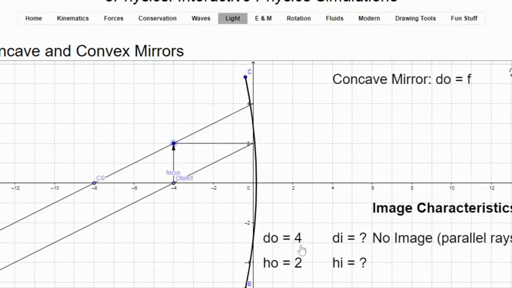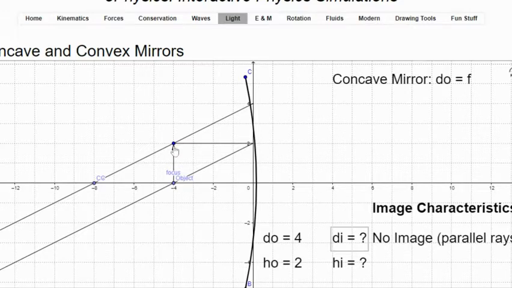As you can see over here, when DO is 4, focal length is 4. So when DO is 4, the object is at the focal point. The image distance is essentially undefined. It's not zero, mind you, it's undefined. It's infinity, if you will. There is no image because parallel light rays never intersect, so no image is actually formed.